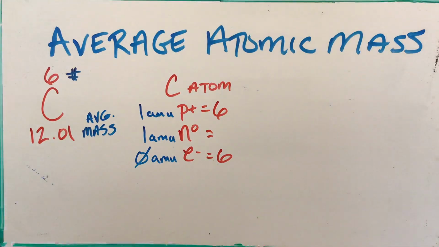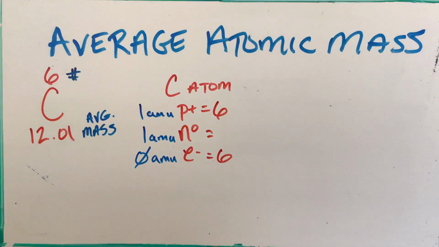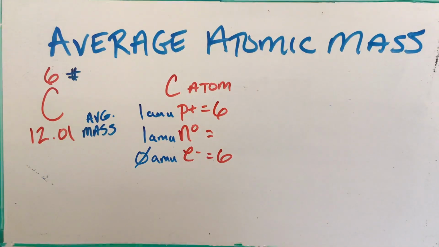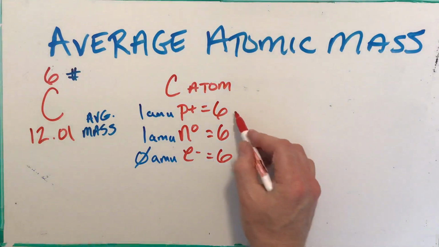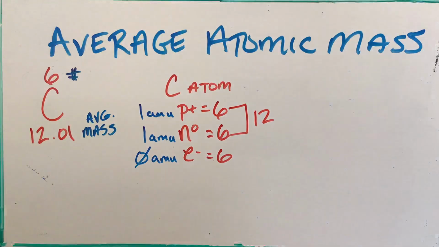They weigh very, very little. Their mass is almost negligible compared to the other subatomic particles, the proton and the neutron. So to figure out the number of neutrons, I take this. This says, hey, in the nucleus, there's 12 things, right? 6 of them are protons. That means the other 6 are neutrons. So this 6 and this 6 give me the 12.